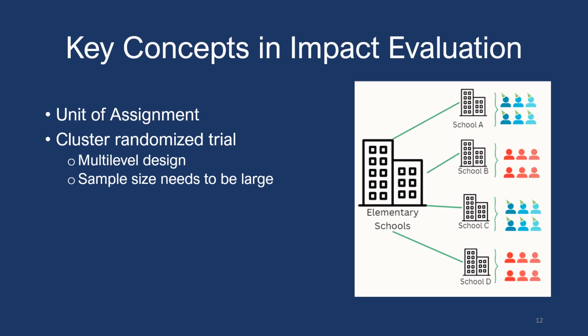So if we assign individuals, we will offer the program to individuals, and we will measure the outcomes on individuals. What if our unit of assignment is an aggregate? Households, communities, provinces. The same holds true. Whatever unit we start with at the point of group assignment must remain the unit throughout the analysis.